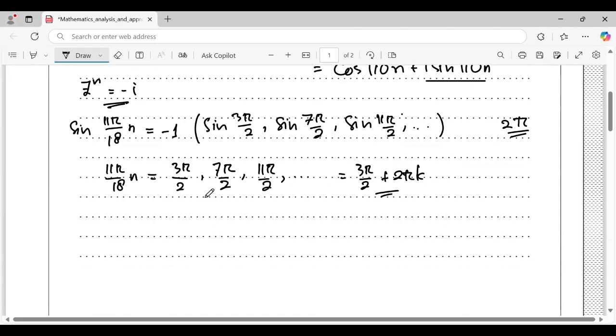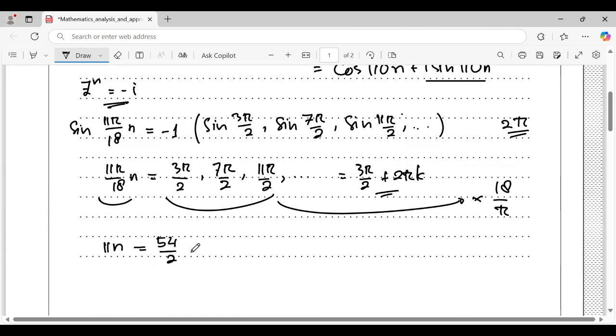Now, on the left-hand side and right-hand side, we multiply by 18 over pi, and it becomes 11n equals 54 over 2, 126 over 2, 198 over 2.